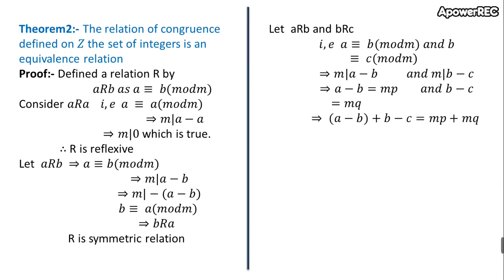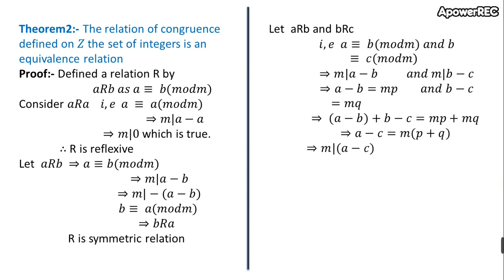So add those two equations, I get a minus b plus b minus c equals mp plus mq. That means you have to add left hand side with left hand side and right hand side with right hand side and simplify. We get a minus c equals, taking m as common on the right hand side, m times (p plus q).